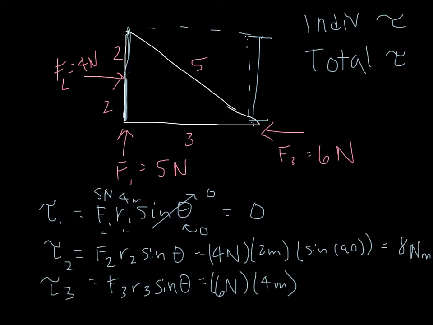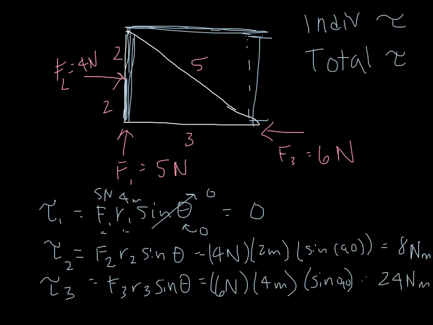Despite how far out the force is occurring, we're just talking about the distance from the axis of rotation, times sine theta, which is sine of 90, which is 1, gives us 6 times 4 is 24 newton meters.